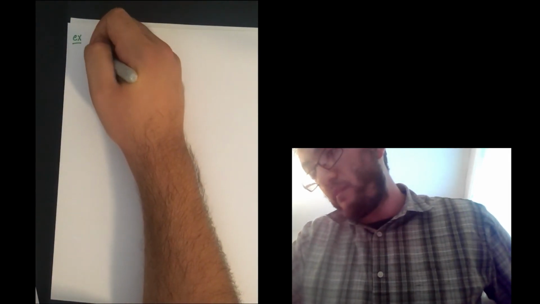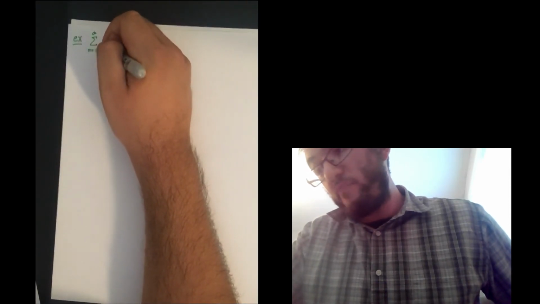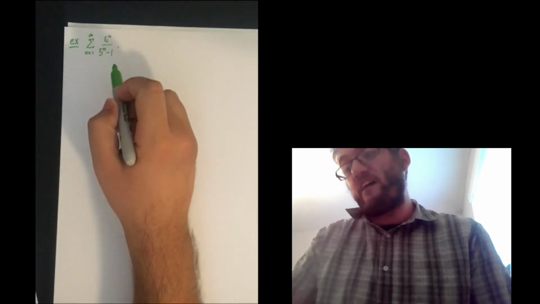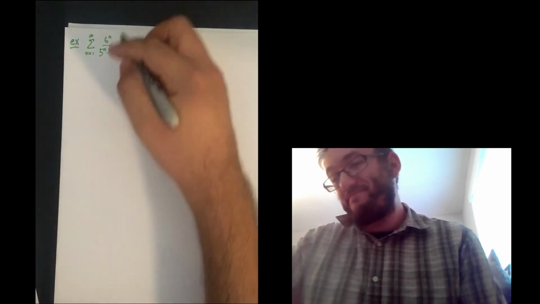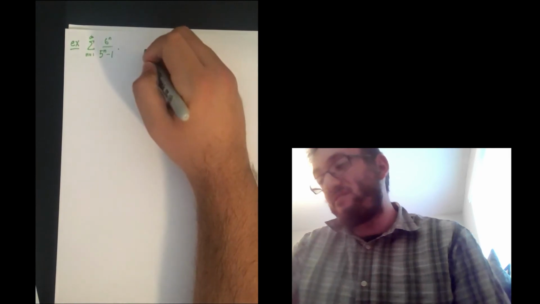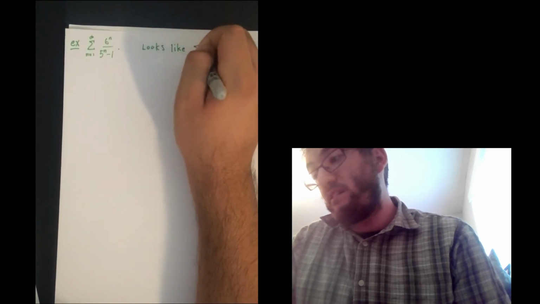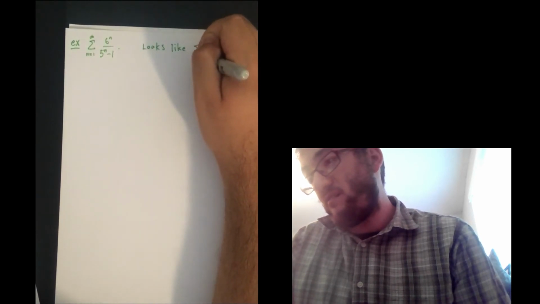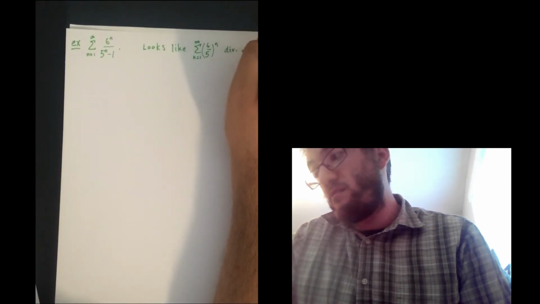Consider the sum from n equals 1 to infinity of 6 to the n divided by 5 to the n minus 1. So this looks like a geometric series. We have powers of n. And if we were to ignore this minus 1, it would just be 6 to the n over 5 to the n, which is also 6/5 to the n, which we know is a divergent geometric series.